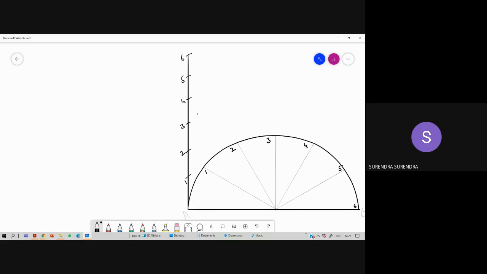Let this be point A. Also represent the dimensions.